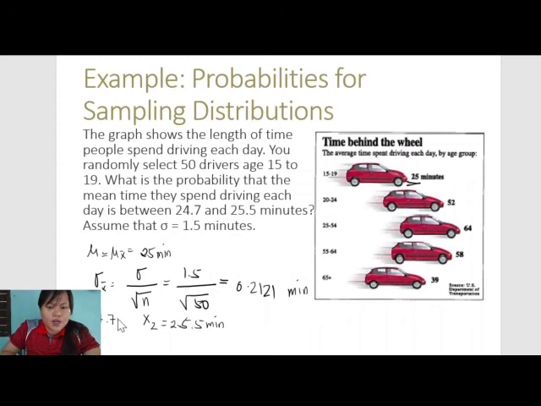So we can use our formula to compute for Z1. Z1 is equal to x minus mean over standard deviation over square root of n.